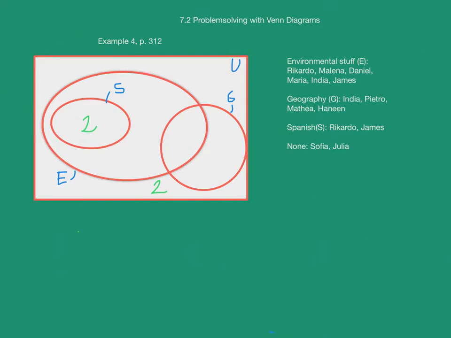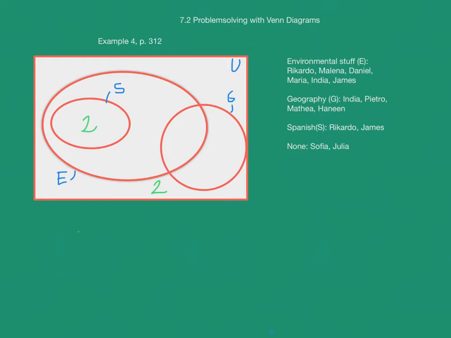Now when it comes to geography, we have 4 students, India, Pietro, Mattia, and Hanin. But geography goes into the E circle.